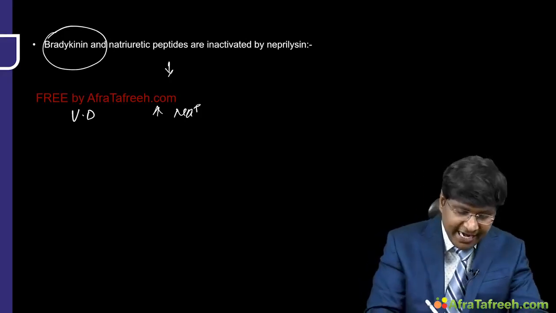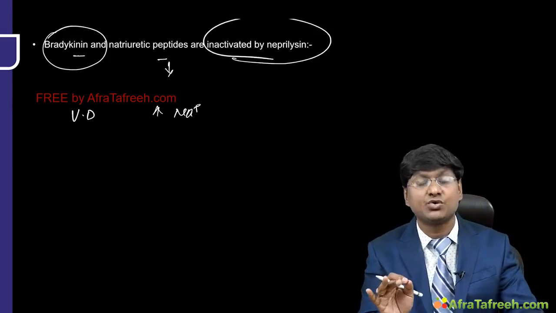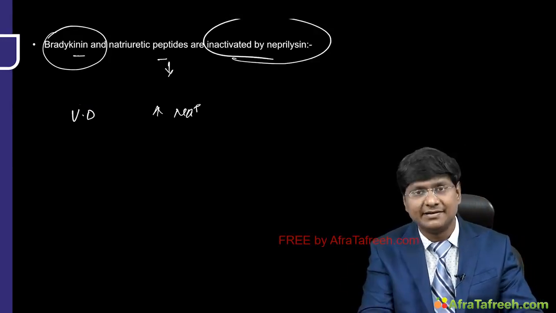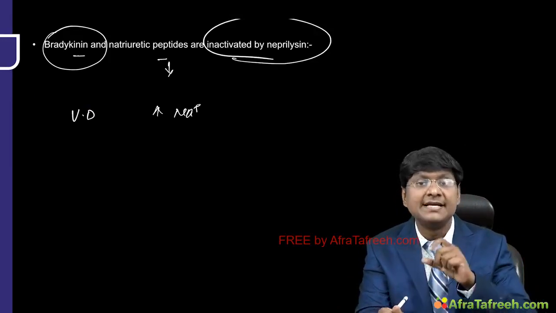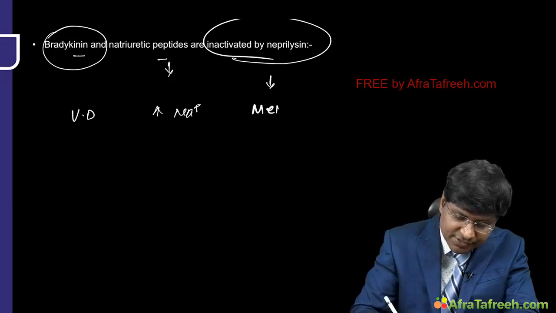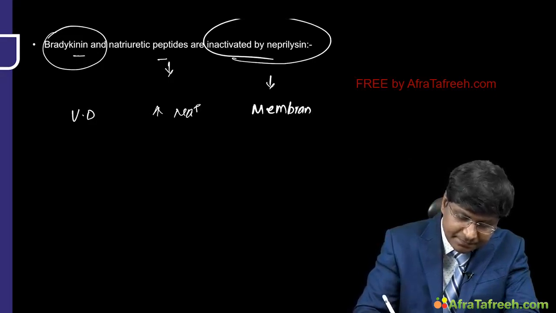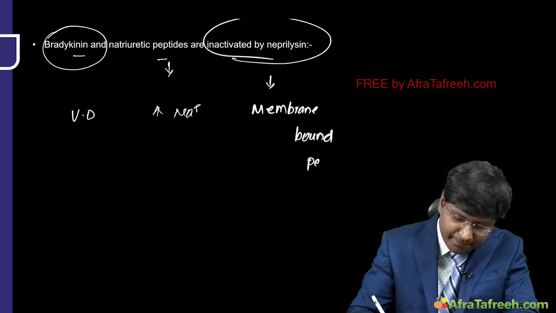But these bradykinin and natriuretic peptides are inactivated by a substance called neprilysin. And what is this neprilysin? Neprilysin is a membrane bound peptidase.